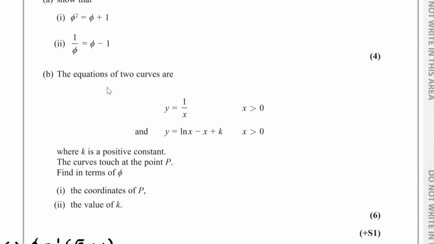For part B of the question, the equations of the two curves are y equals 1/x where x is greater than 0, and y equals the natural log of x minus x plus k where x is greater than 0 and k is a positive constant. The curves touch at the common point P, and we have to find, in terms of phi, the coordinates of P and the value of k.